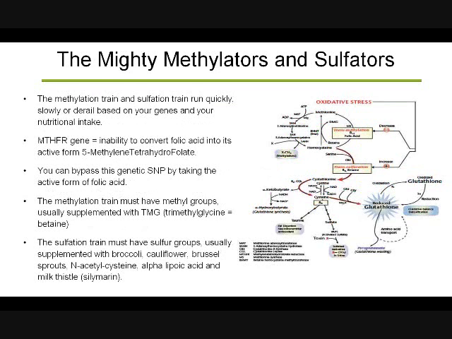That's the other important thing to remember: if you have this defect, this MTHFR gene, we now make the active form of folic acid. So instead of giving you plain folic acid, which is in our Cardio B, and it's one of the reasons I switched to the MethylGuard Plus, because it has the active form. So if you have this defect, I can bypass it.